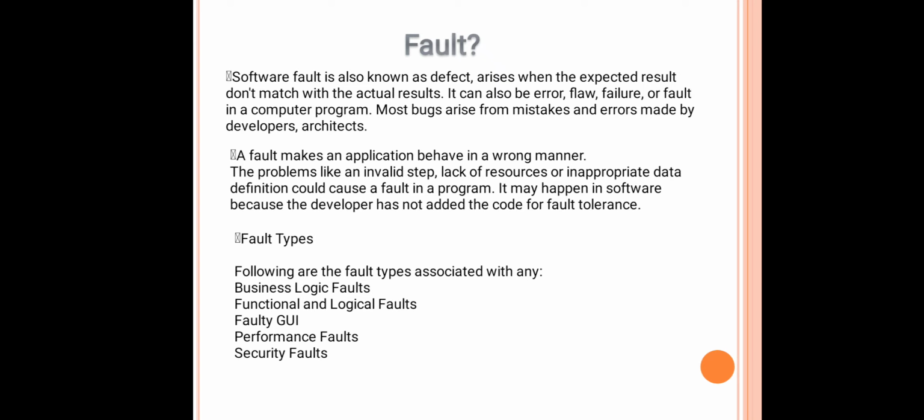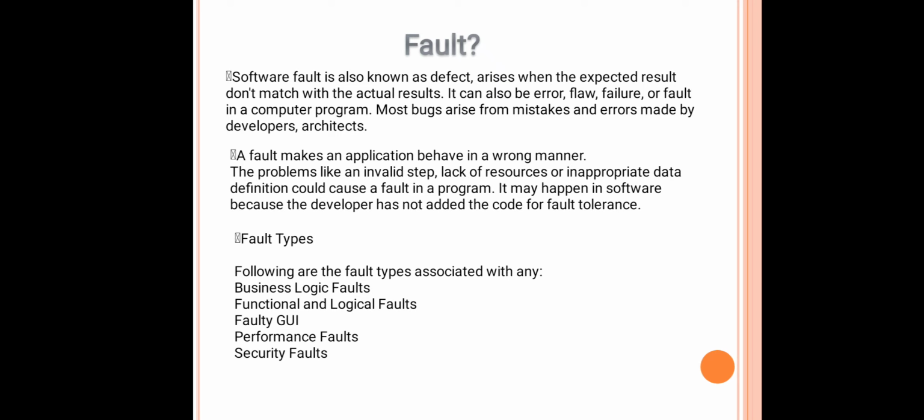Most bugs arise from mistakes and errors made by developers, architects, business analysts and programmers. A fault makes an application behave in the wrong manner, and problems like invalid steps, lack of resources, or inappropriate data in the program cause a fault in the application.